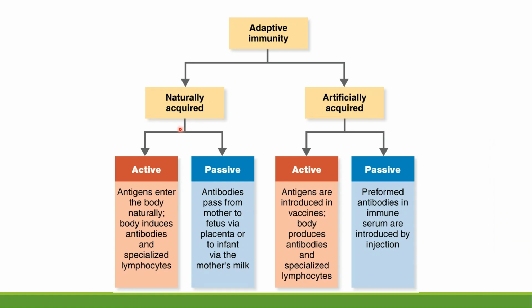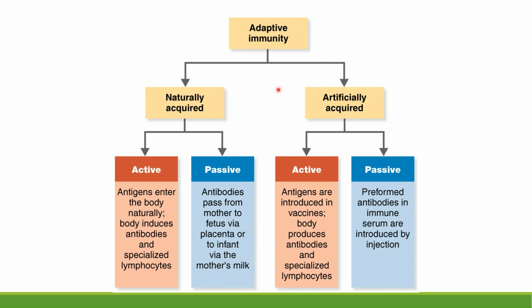So you're just out and about living your life, you get exposed to disease-causing pathogens, and you naturally develop your own adaptive immune response to that. And artificially acquired is adaptive immunity where you get deliberate exposure to the antigen. It comes from direct guidance from a medical professional.